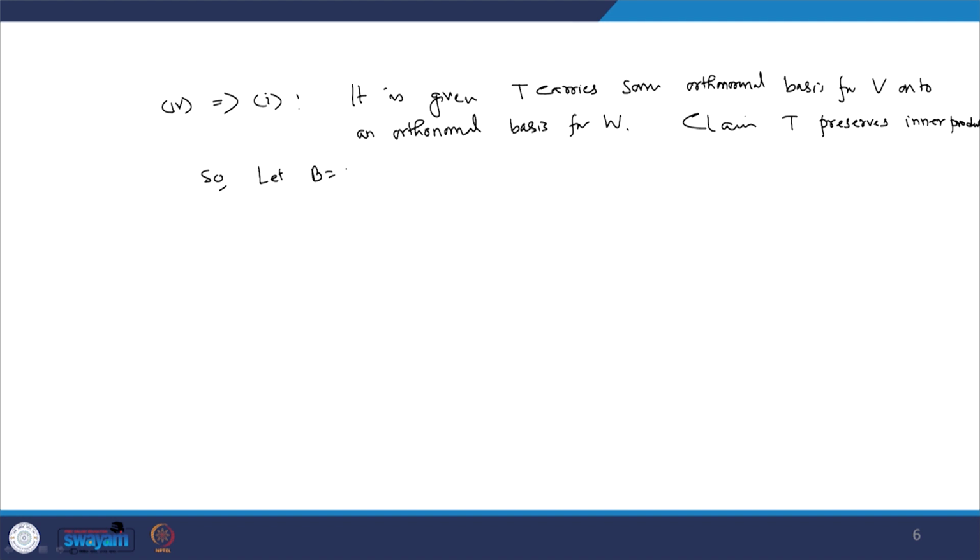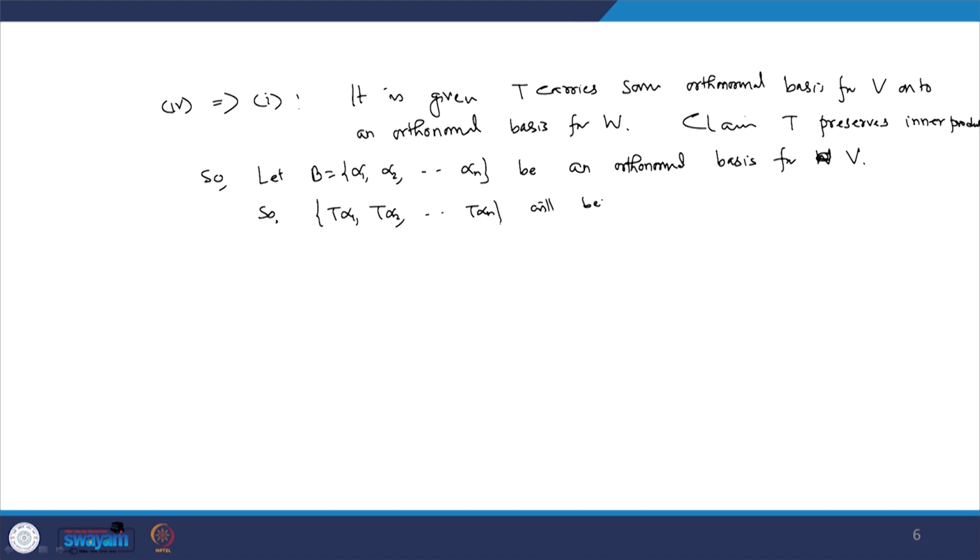So, let me consider B equal to alpha 1, alpha 2, up to alpha n, an orthonormal basis for V. According to the given conditions, T alpha 1, T alpha 2, up to T alpha n will also be an orthonormal basis for W. I have to show that for any two vectors alpha and beta belonging to V, inner product of alpha and beta must be equal to inner product of T alpha and T beta.